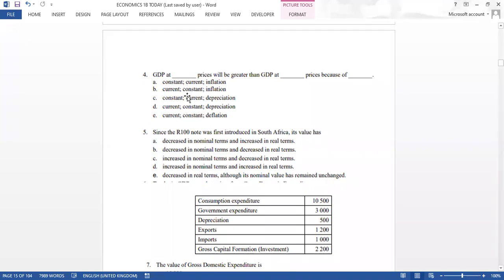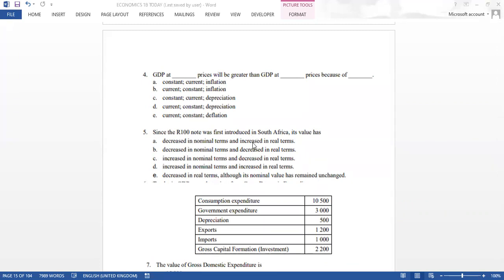So let's see of the elements that we'll be having here. So understand that the GDP at current market prices will be greater than the GDP at constant market prices because of inflation, which is option B, because the current market prices, if they are greater than the constant prices, it means that there's inflation that happened in between.